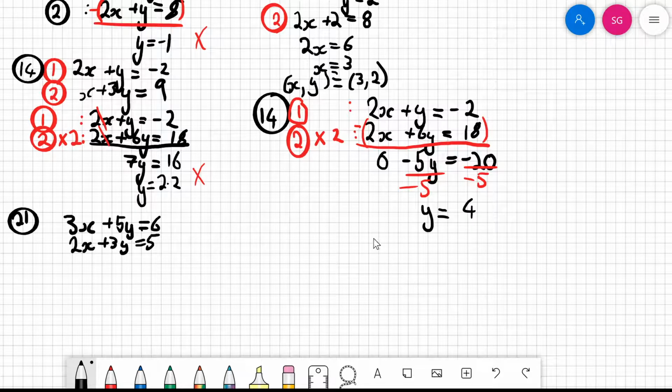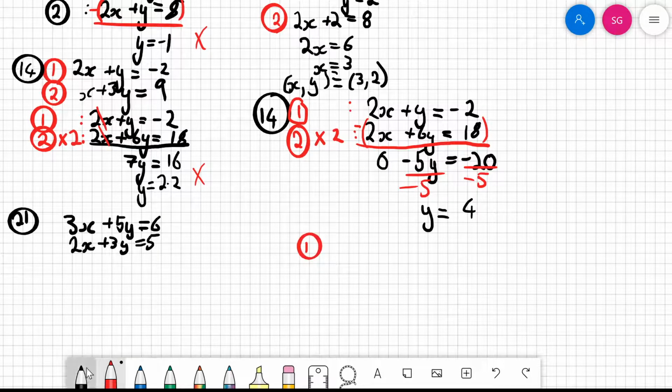Great. Now, what are we going to do next? Well, what we're going to do next is we are going to find out x. So we go back to one of these equations. We've got the y. We might as well plug it into the first equation.